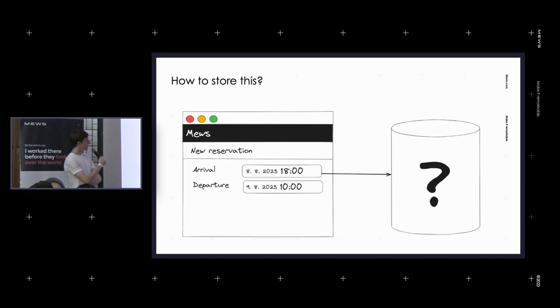Now, back to our example. So when you're designing a system like this, you might start with some screen that is going to allow you to create a new reservation in the system, right? Without reservations, it doesn't work very well. And you might be thinking, I have these arrival and departure times that I get from the user, but how do I store them in the database?